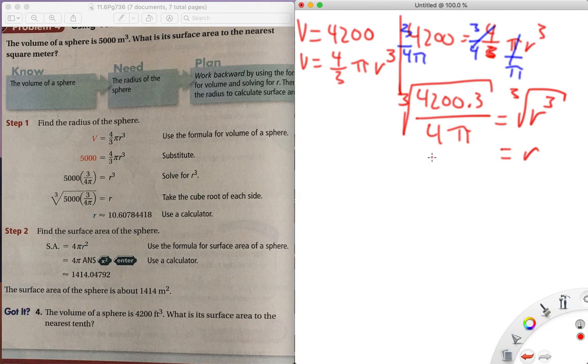So I'm cube rooting. So then my radius is equal to, I'll multiply that 3 out. No, I can divide that. Let's do this. So it's going to be the cube root of 3150 over pi, equal to r. So that's our radius. Lovely.